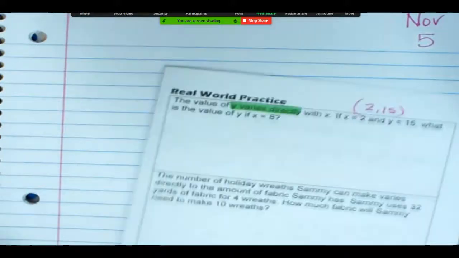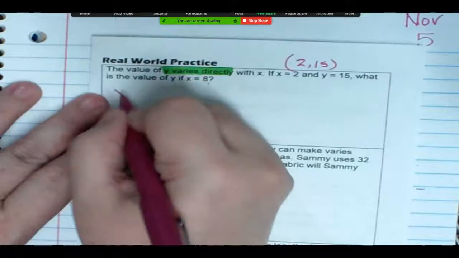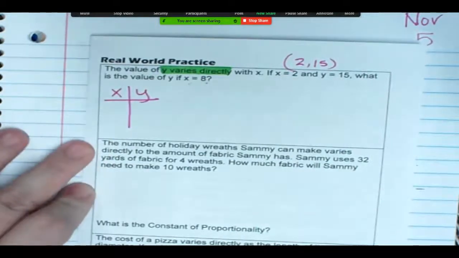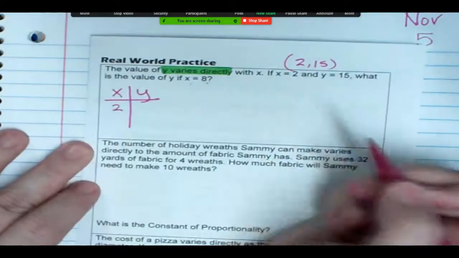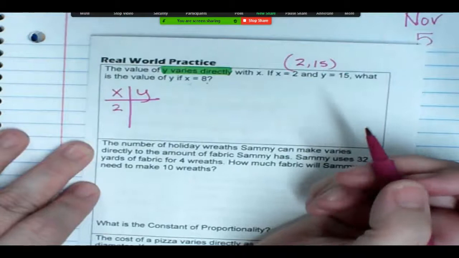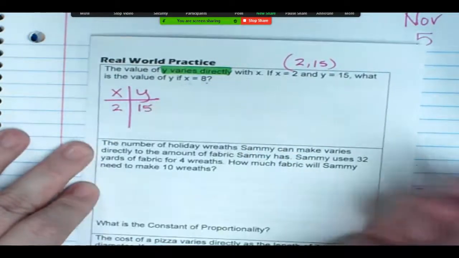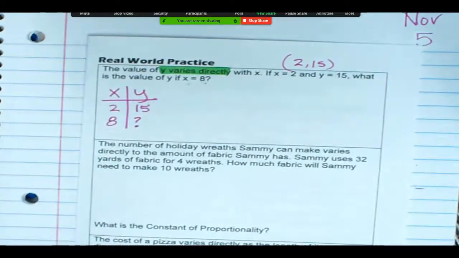Let's do that. X, y. And let's plug in what we know. When x is 2, what is my y value? 15. When x is 8, they want to know what is the y value.